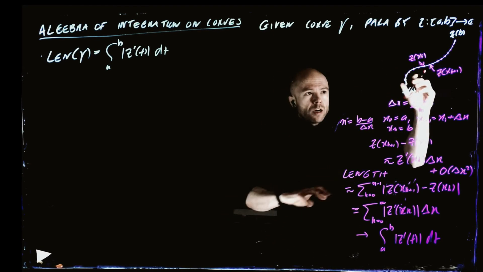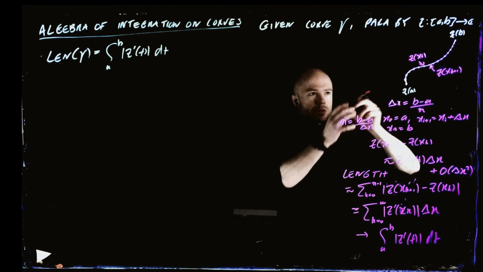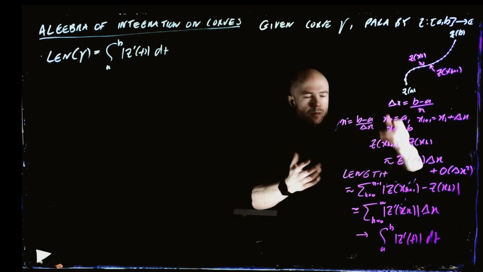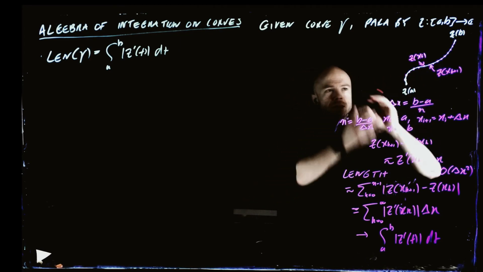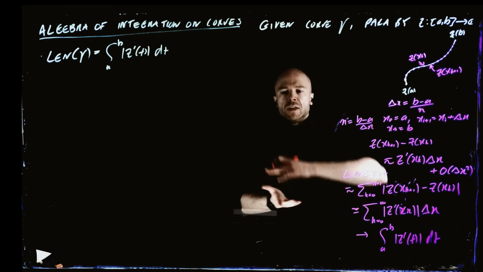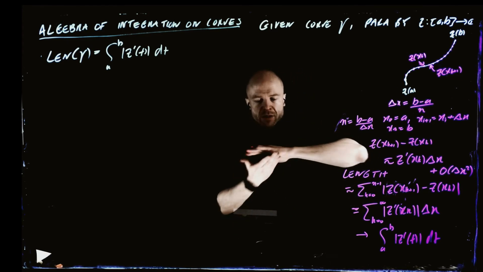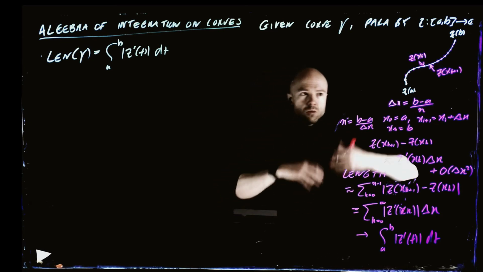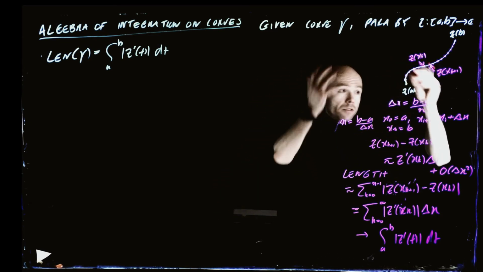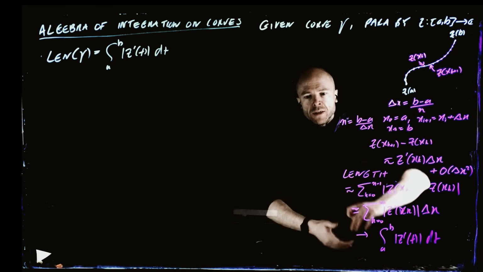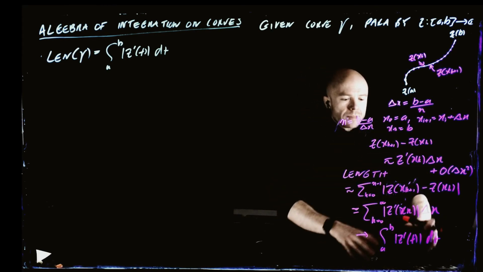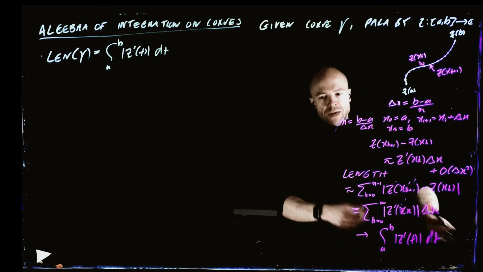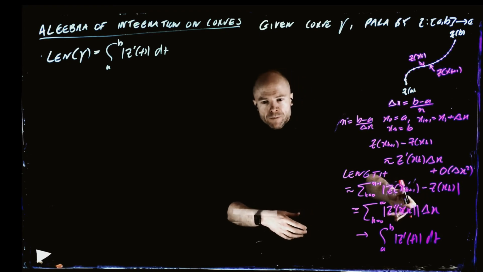You take your problem, you cut up whatever it is you're trying to do, volume, length, surface area, whatever, into little tiny pieces. On a little tiny piece, it looks a lot like an affine function, where you can explicitly write down what the area, length, or surface area of the piece is. Write down that expression, put it in a sum. You're looking at a Riemann sum, pass to the limit, and you have the general formula.